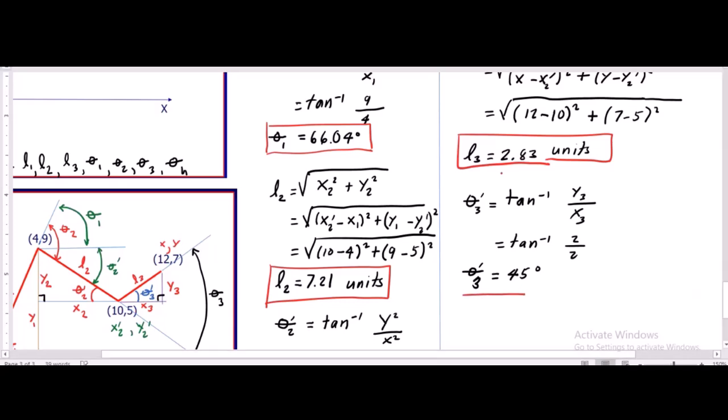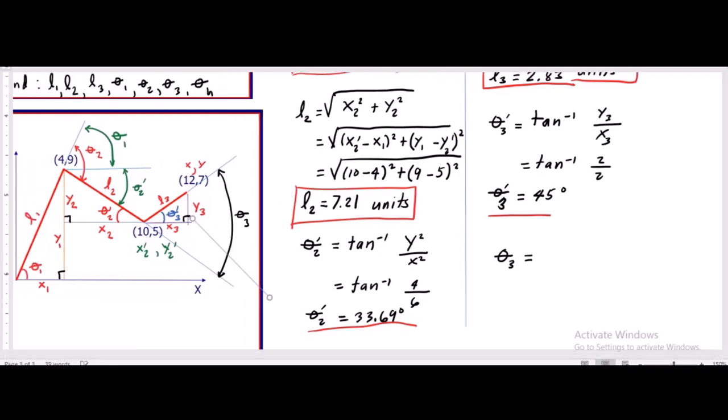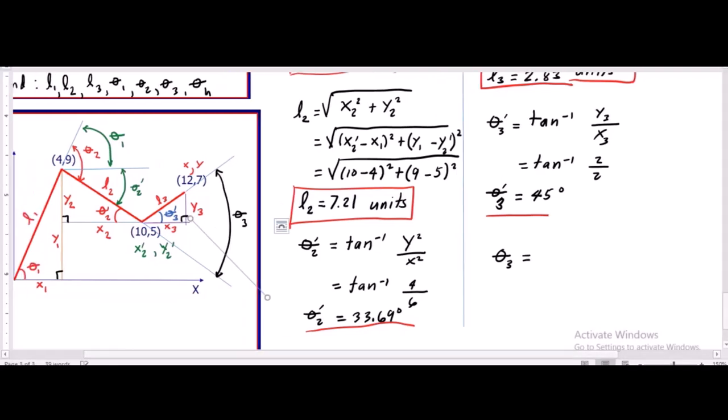Now, how are we going to get the theta 3? So go back again to the graph. I will just insert a line, extend the line here.